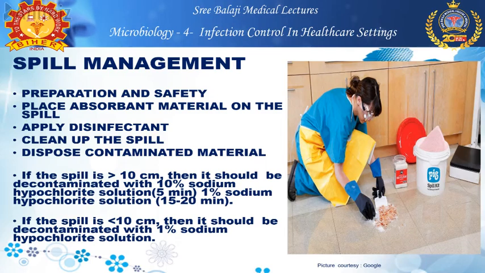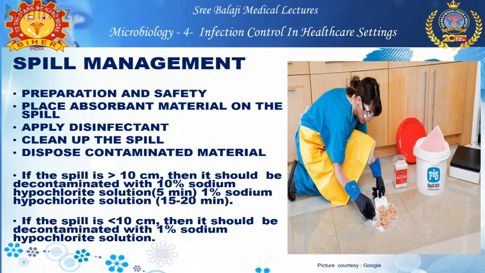So, spill management. The next topic is very important, which you will also encounter in your daily hospital work. If you encounter a blood or body fluid spill, immediately isolate the situation, send all healthcare personnel outside, and place a caution board there first.